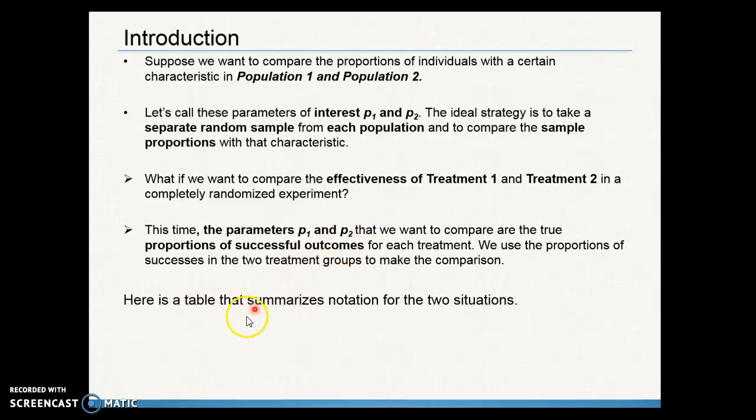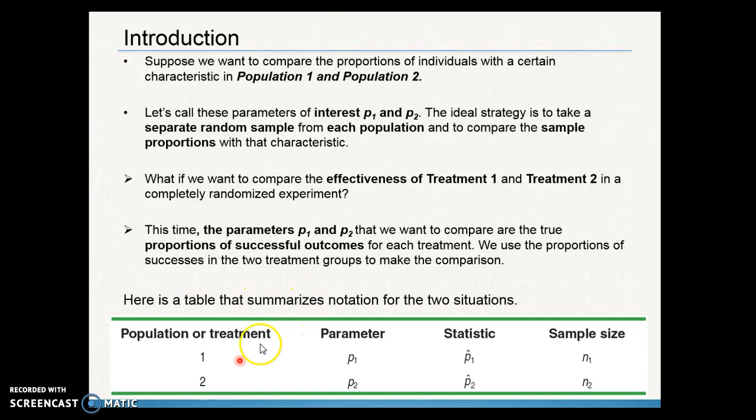Here's a little table that's going to summarize the notation for the two situations. We have population or treatment 1. The parameter is P1, so that's your population proportion. The statistic that you actually get from the sample is P hat 1, and N1 is my sample size from my first population.